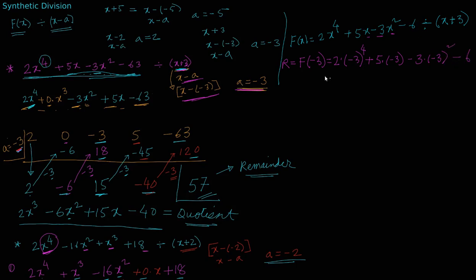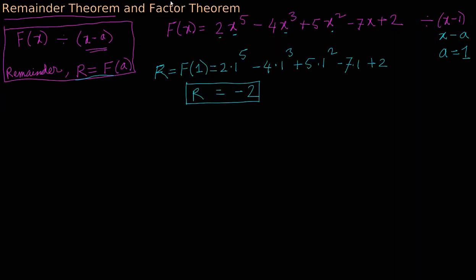If you punch it in your calculator, you will find that this turns out to be 57. So my remainder is 57 according to the remainder theorem. Now, if you notice, the remainder I got after doing the synthetic division was exactly 57. That's how we can find the remainder for any problem.